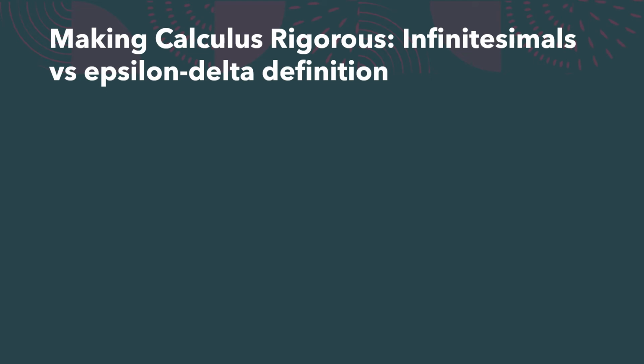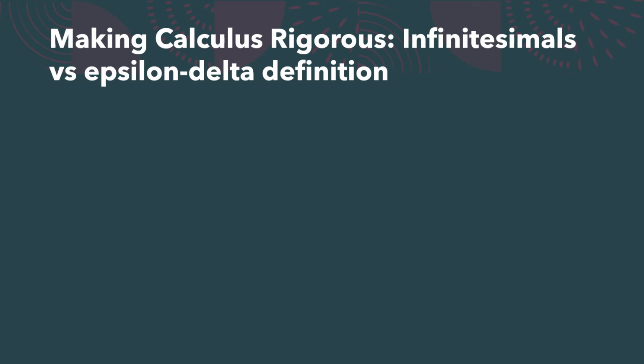So you're asking the ultimate paradox, the ultimate question: what does it even mean to have an instantaneous rate of change? What does it mean to be infinitely small, right? And so this was the problem.